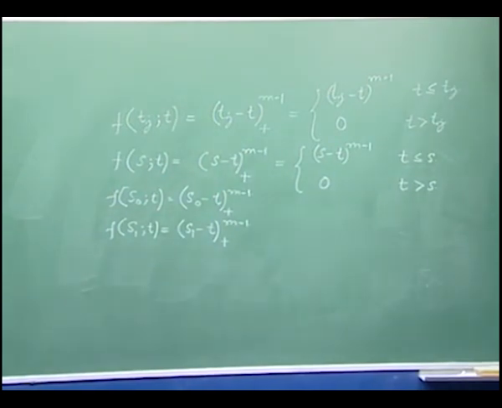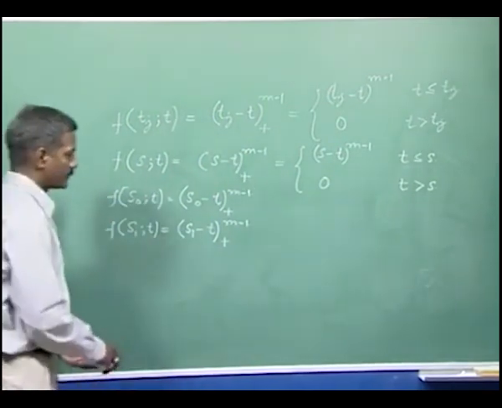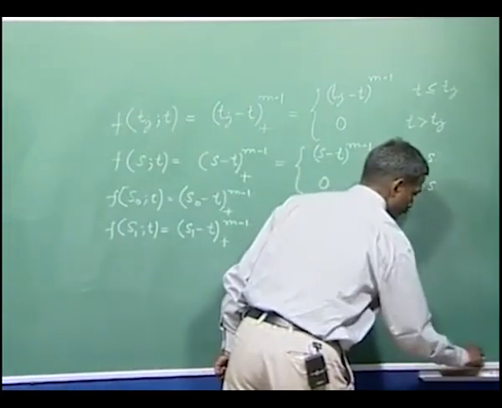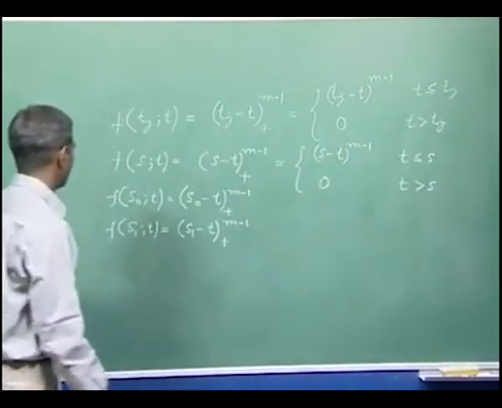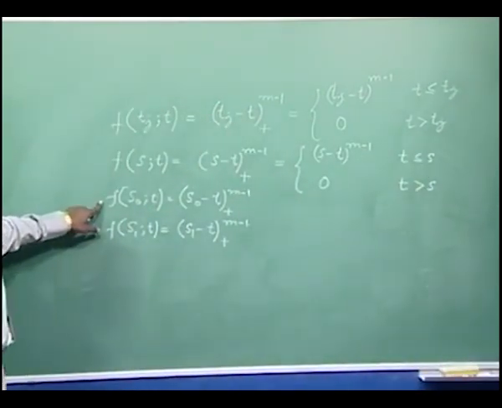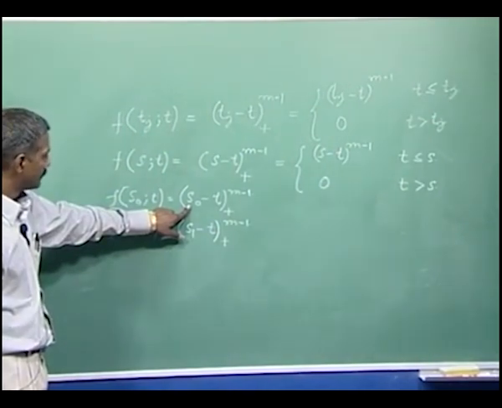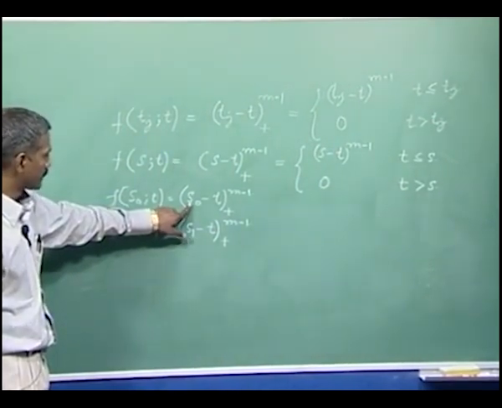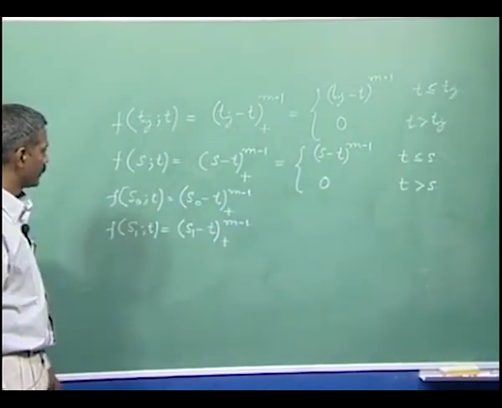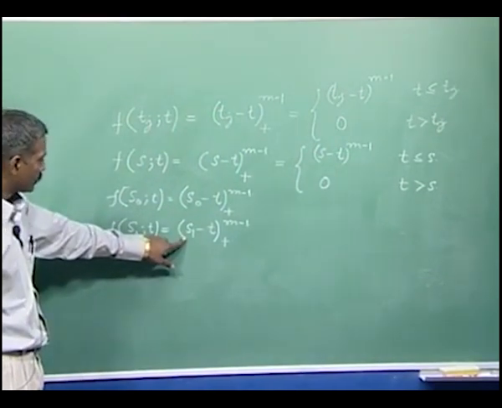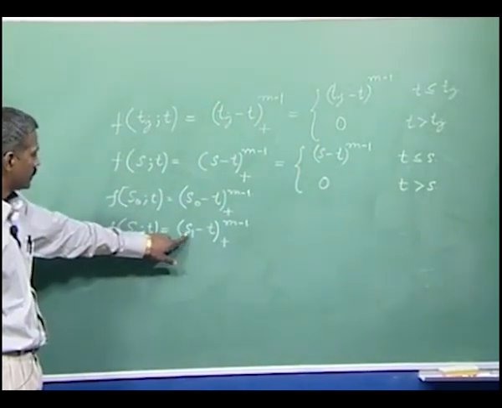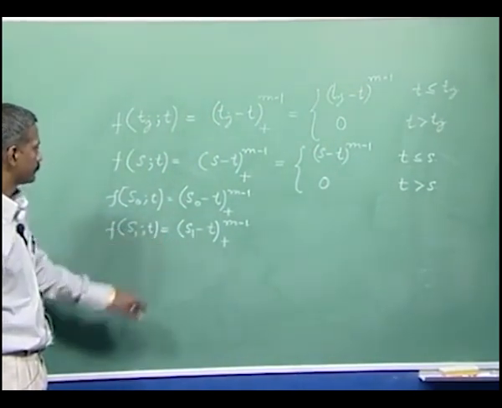Now, using the notation of the divided differences, I can consider this expression to be the 0th divided difference with respect to s0. Likewise, this is the 0th divided difference with respect to s1.